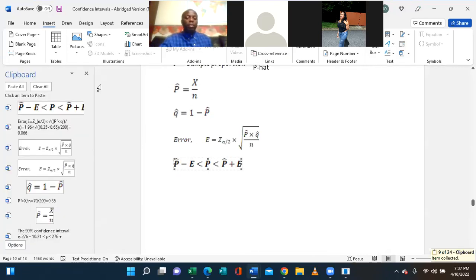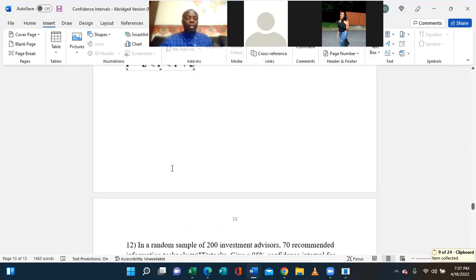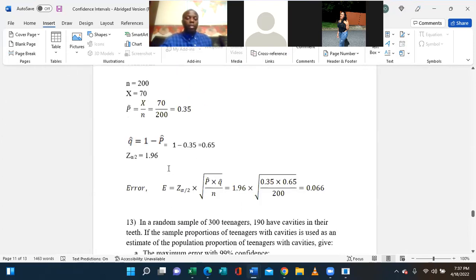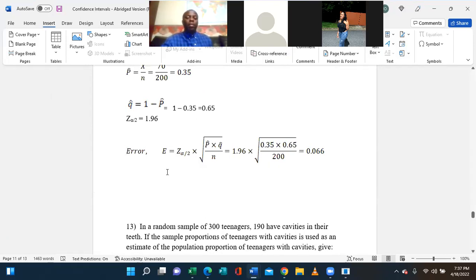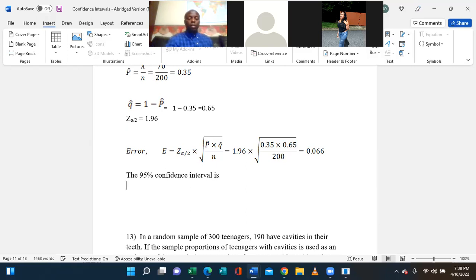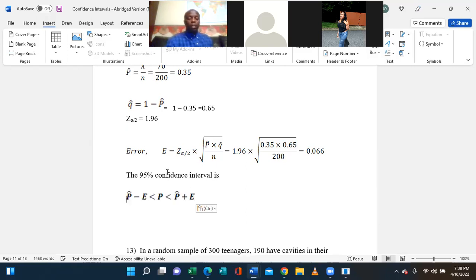P hat minus error is less than P. Why do we use P? Because we are calculating the confidence interval for a proportion. So the 95% confidence interval is P hat minus error less than P, which is the proportion we are trying to estimate, less than P hat plus error. So you subtract the error on the left side and add the error on the right side.